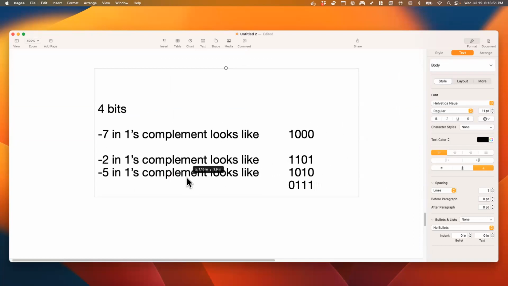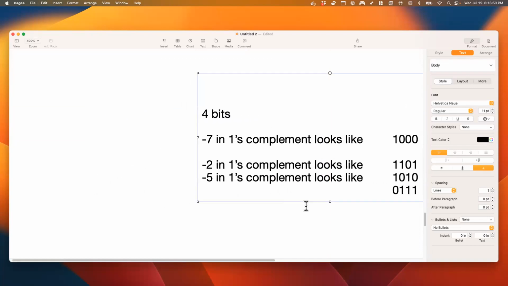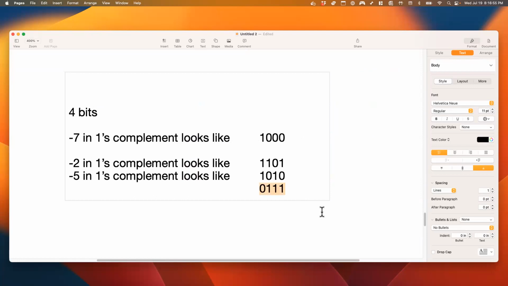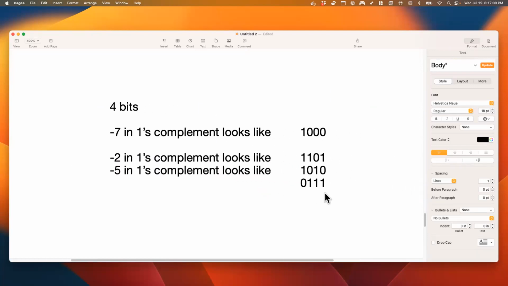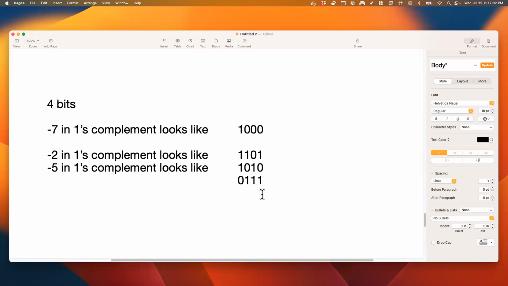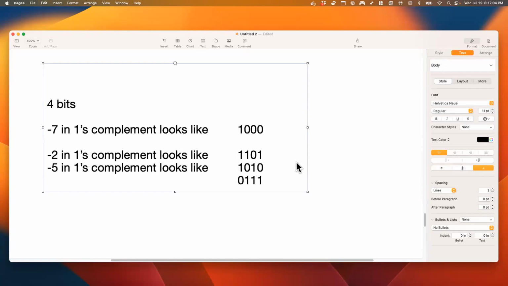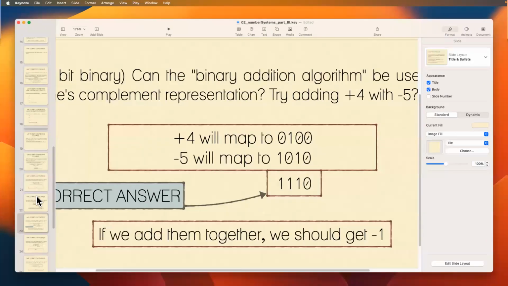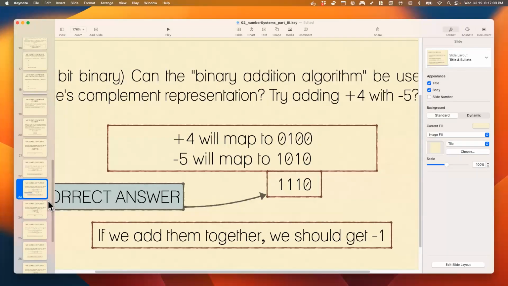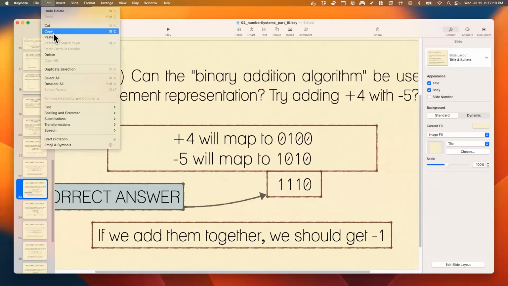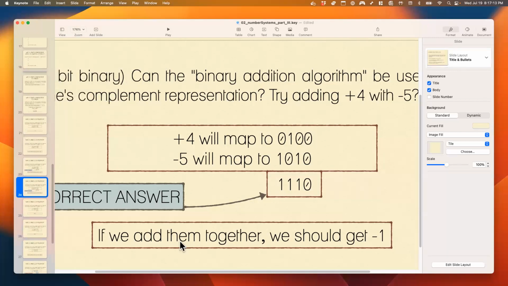Okay, so now this is what we have. This is the result, and this is a problem, right? Now, of course, when you add, let me actually copy this and paste it here. I feel like Keynote is actually easier to do that kind of stuff.